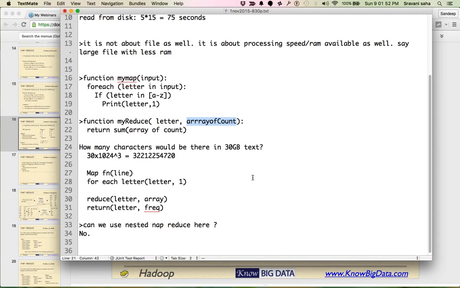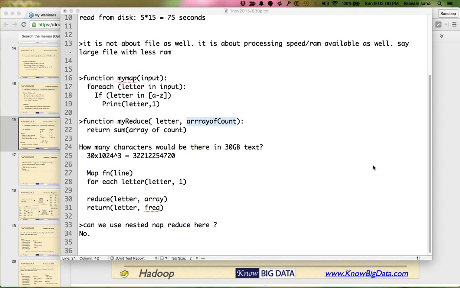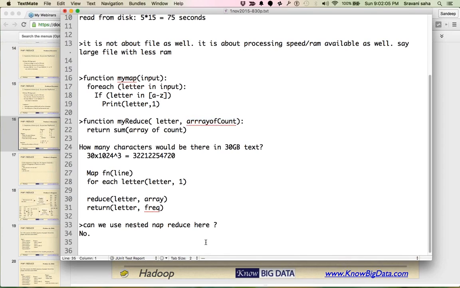So 30 gigabytes is for 30 characters, and therefore 1 gigabyte for one character. So this array might be 1 billion characters. So it might be difficult for one reduce phase, and we might have to find some alternative, maybe nested map reduce or something else.